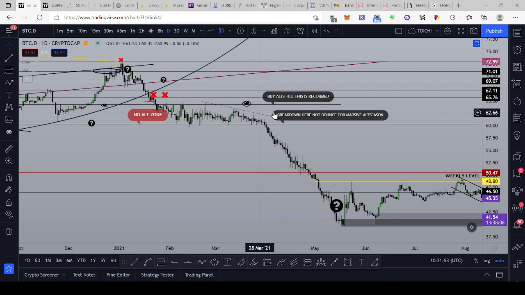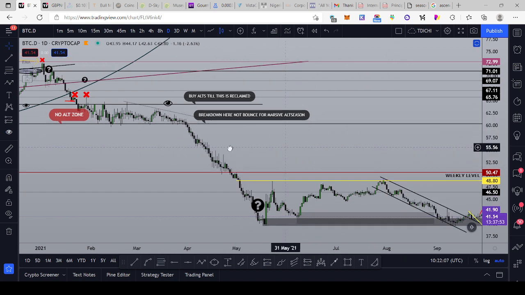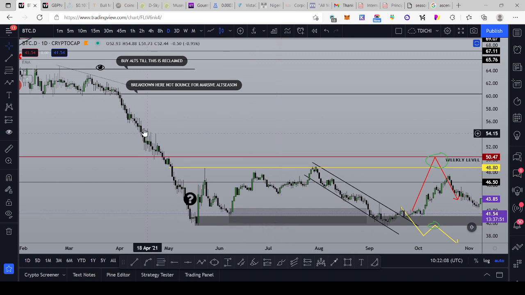If this level down here breaks down, then there will be massive carnage. And what happened? Of course, massive carnage, because the BTC dominance was just going down, going down, going down.